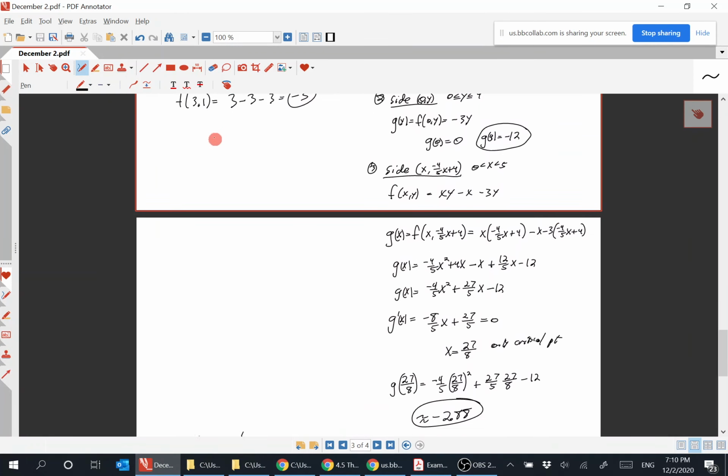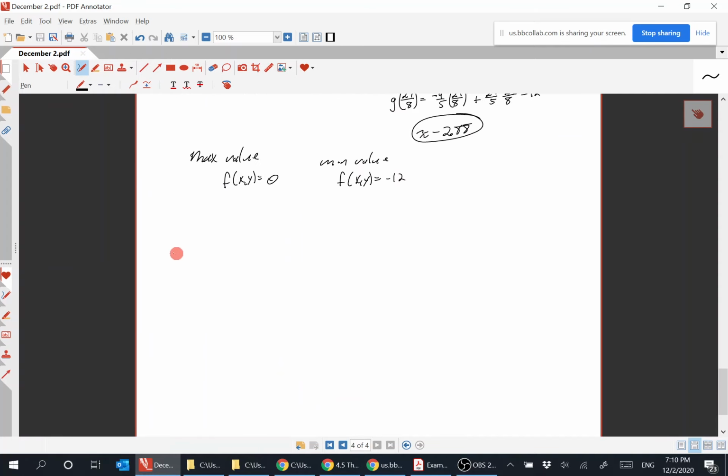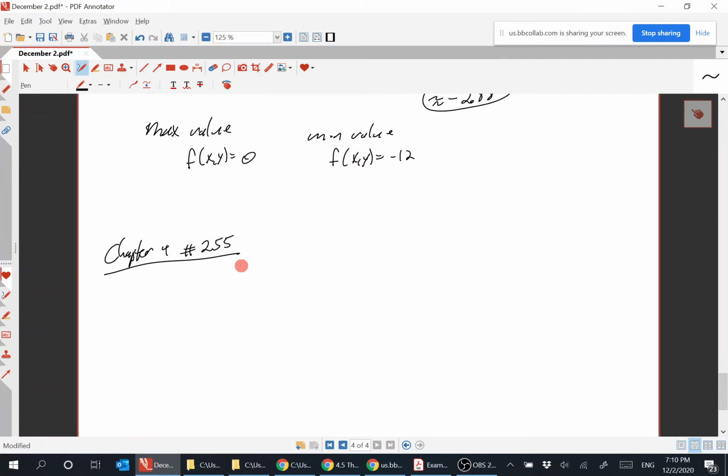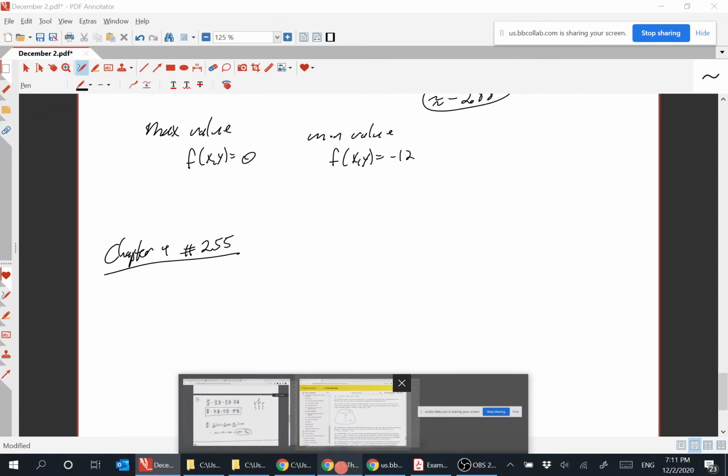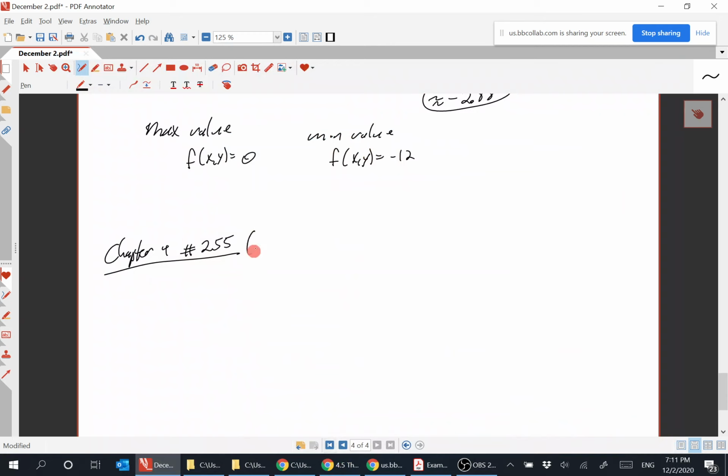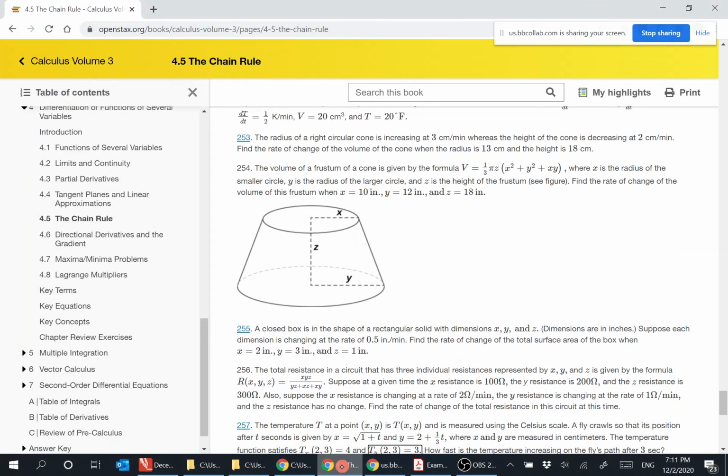255 in chapter 2, or chapter 4. So this is related rates from a Calc 3 perspective rather than the Calc 1 perspective.